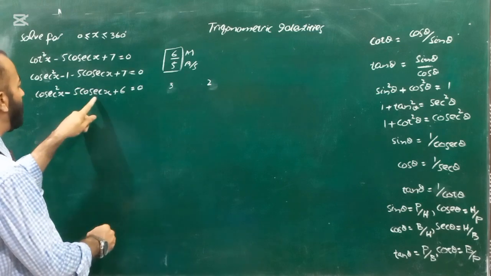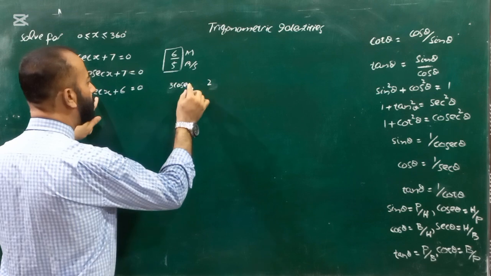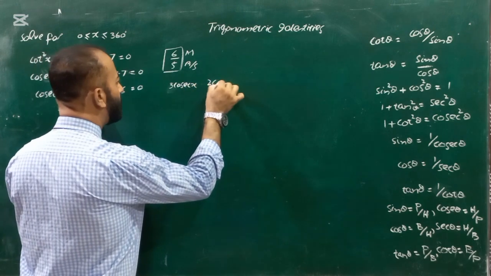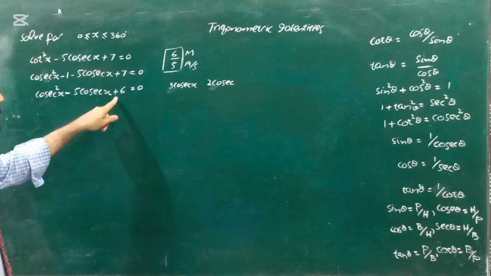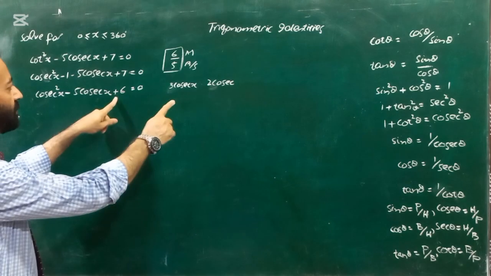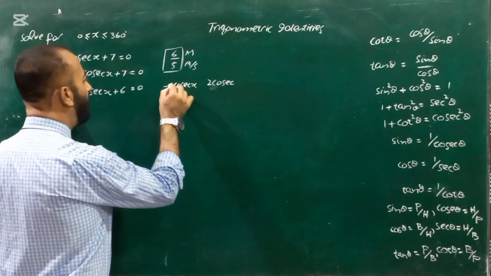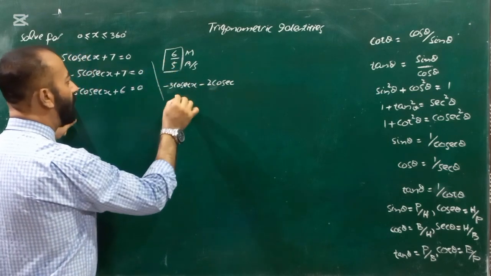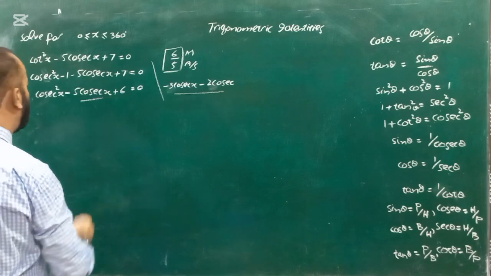Okay, now we will write the central term with these two numbers. This sign is telling us that both will have the same sign, and this sign is telling us that both will have minus sign. So now we will put these factors in place of the central term.